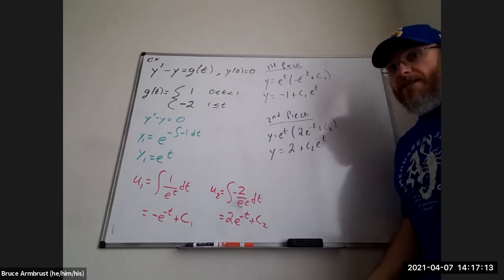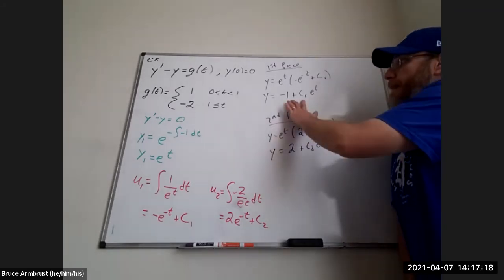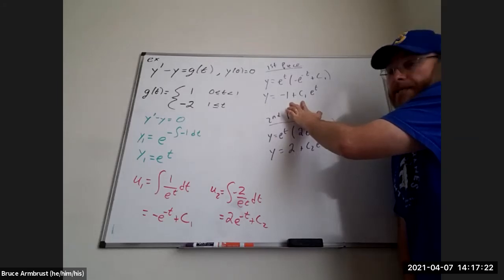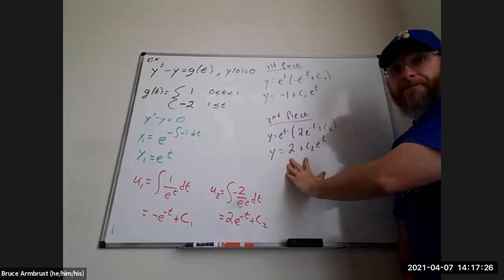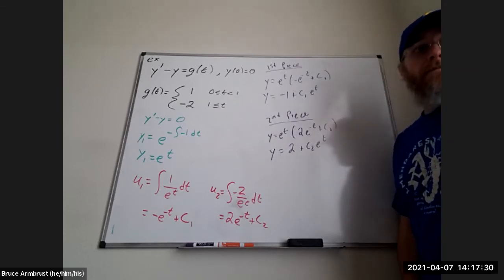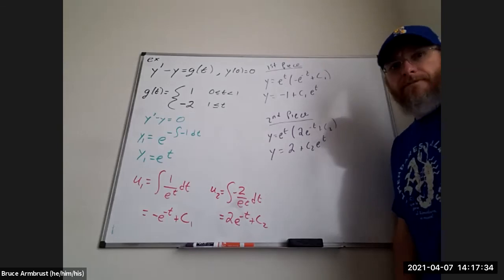So our solution is actually a piecewise defined function. It's going to be this thing when we're between 0 and 1, and then it's going to be this other one when we're bigger than 1. All right, so good so far?